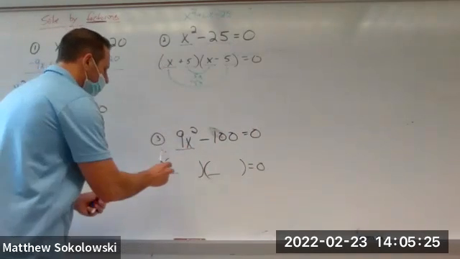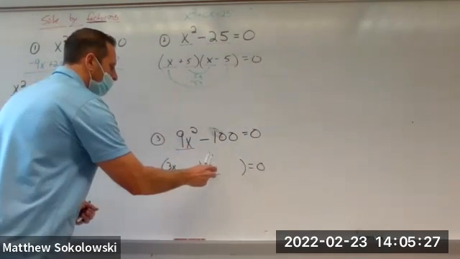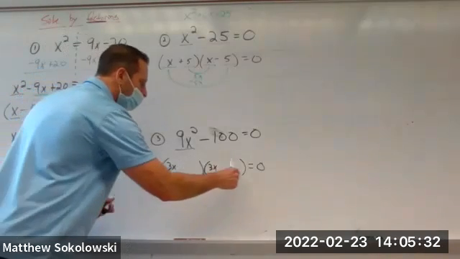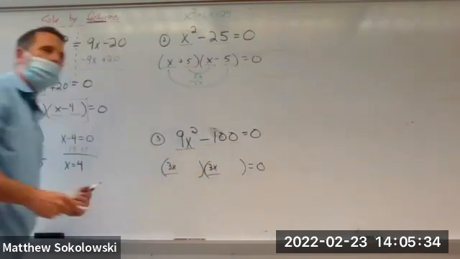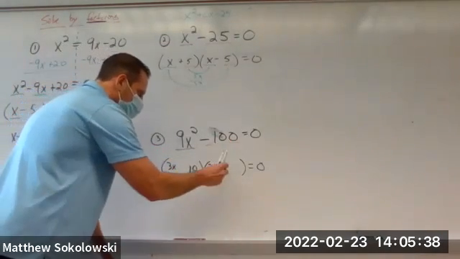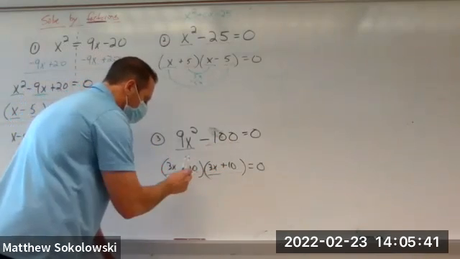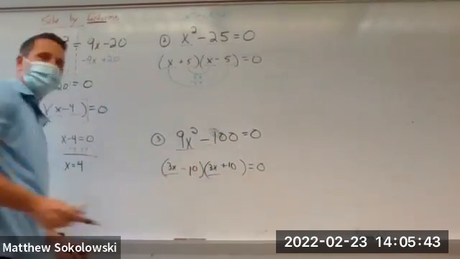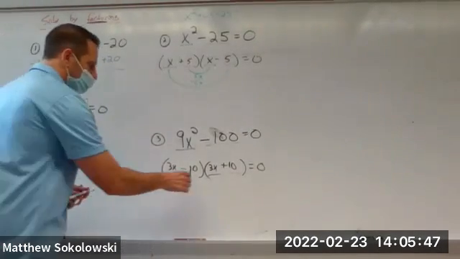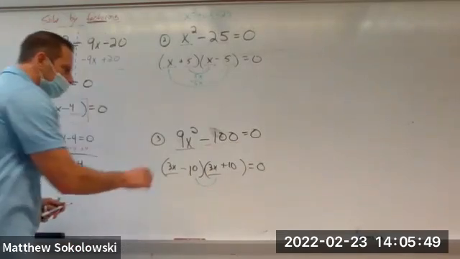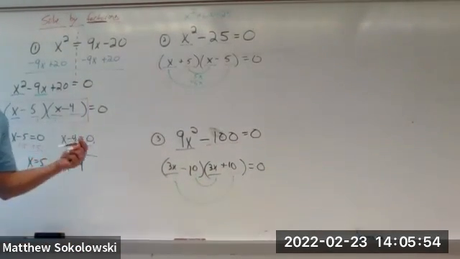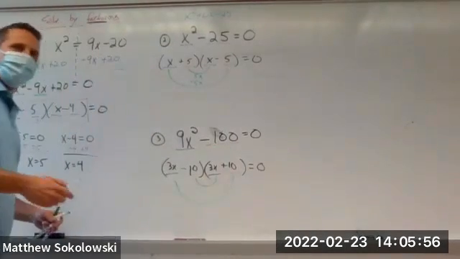Good. 3x and 3x. And then we go, what times what is 100? 10 and 10. We do a negative 10 and a positive 10 to give us the negative 100. Look what happens when you check. Negative 30x, positive 30x. The x's cancel out. They're gone. Those are the two factors.